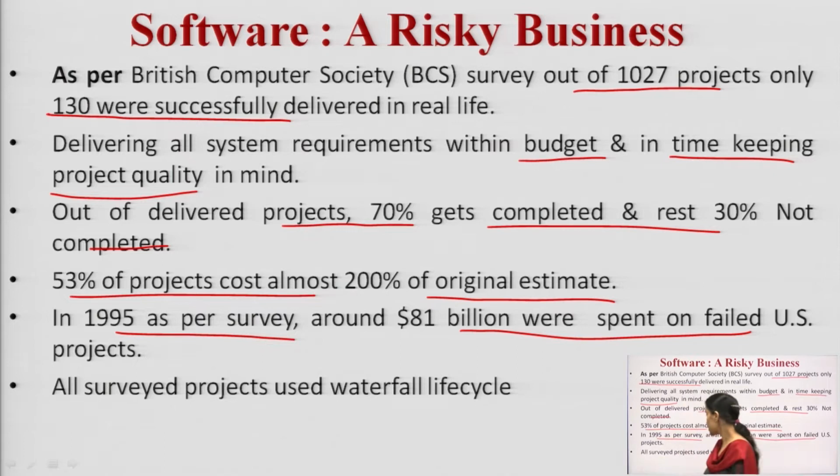All these surveyed projects were following the waterfall life cycle. It may be that the development life cycle model we selected was not proper. The reason can be any, but the ultimate point is that the software is failing. It is just a risky business.